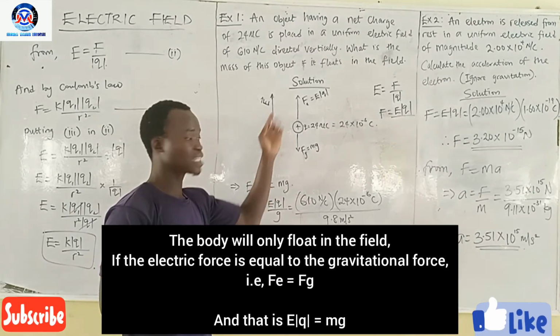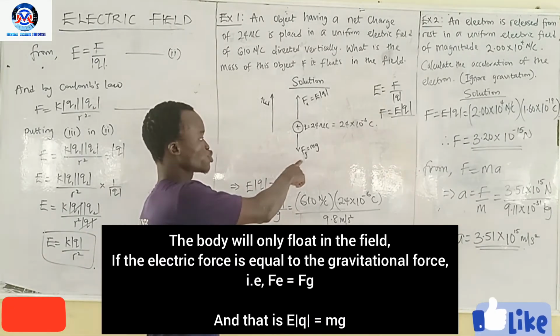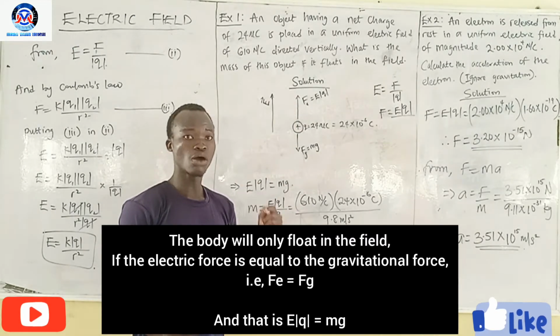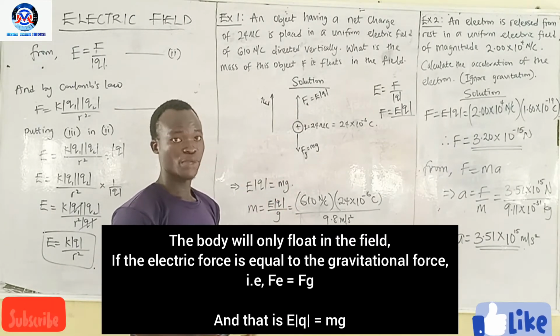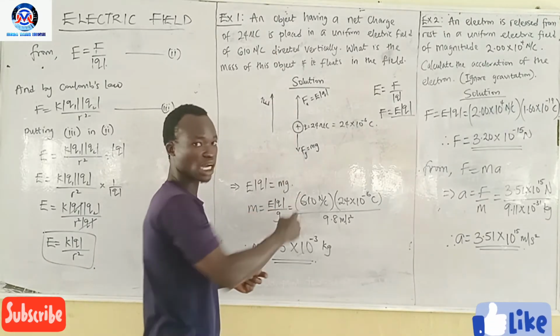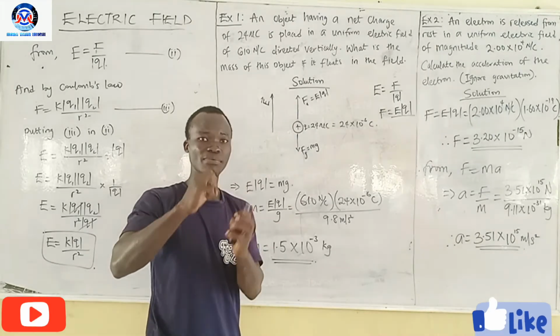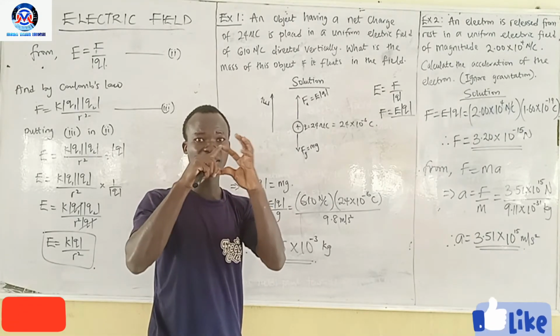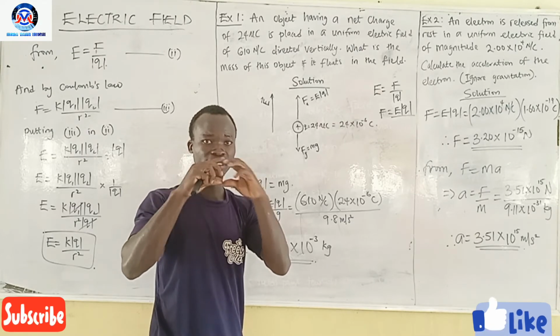The body will remain static if the magnitude of the gravitational force is equal to the magnitude of the electric force. Because if the force pulling it up and the force drawing it down are equal in magnitude, the charge will remain at the same position. That is when the charge will remain static.